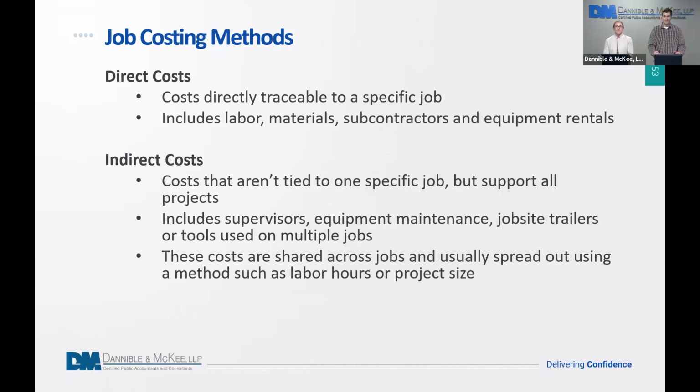This could be supervisor time, equipment maintenance, job site trailers or tools that are transported around multiple jobs at a company. These costs are shared. They should be shared across jobs, taking the total cost and proportionately allocating it to all your contracts so that each job absorbs their respective portion that they should for these types of indirect costs.